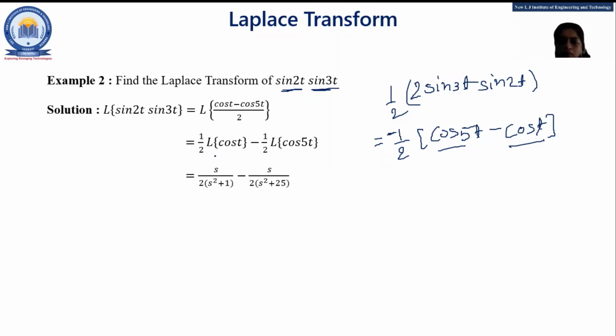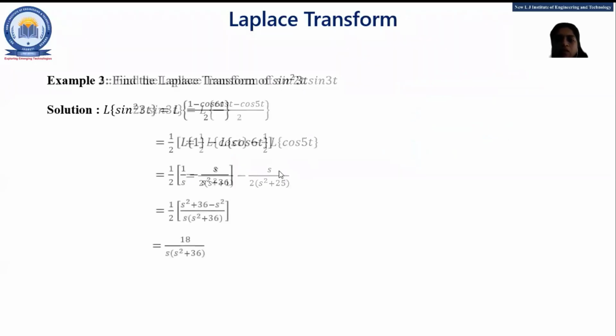You all know very well the formula of Laplace of cos t, that is s upon s square plus 1. And here, s upon s square plus 25. 1/2 is common for both the terms. Got it, everyone? Okay.